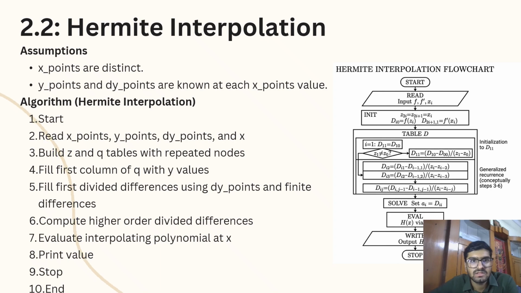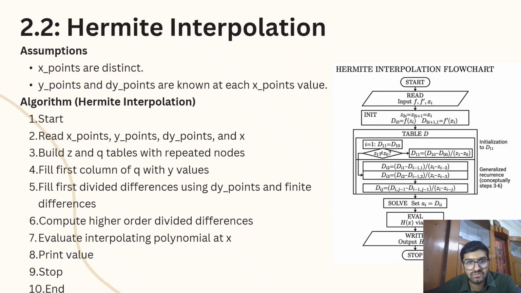The next method is Hermite interpolation. Here the assumptions are x points are distinct, y points and dy points are known at each x point value. The algorithm starts with read x point, y point, dy point and x. Build x and q table with repeat nodes.